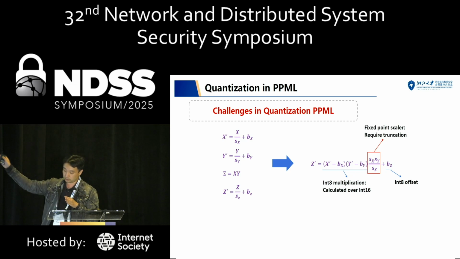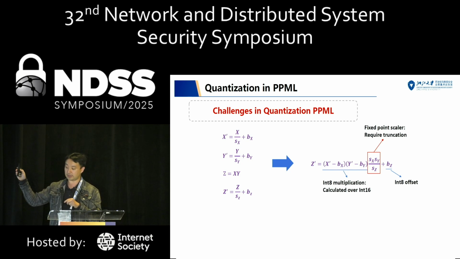The first part is the int 8 operation, but to avoid wrapping around, you need to leave a certain space, for example doing it in int 16. And Sx times Sy divided by Sz is a scalar rescaling factor, and this factor is expensive. It is a fixed point factor and requires truncation. And then you have an 8-bit offset, and take it back.